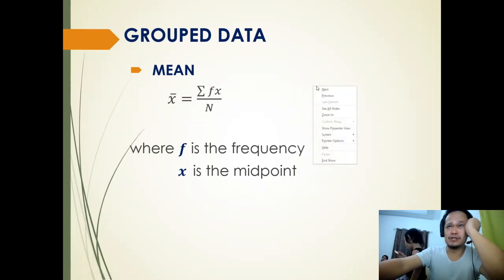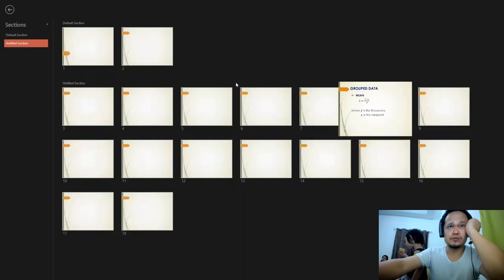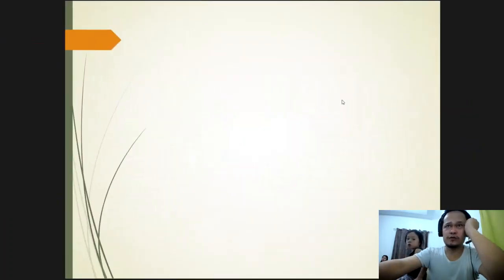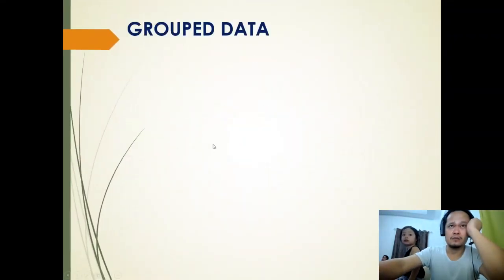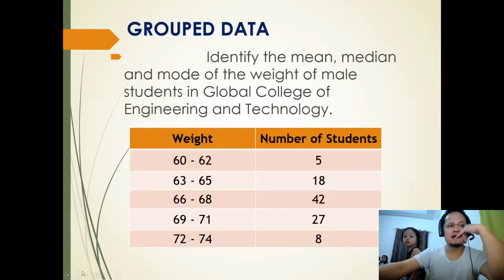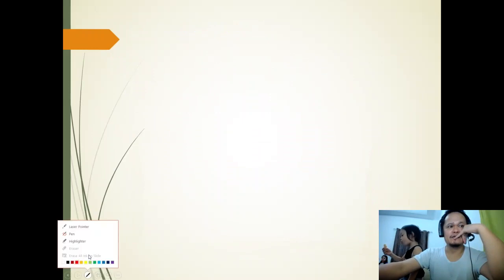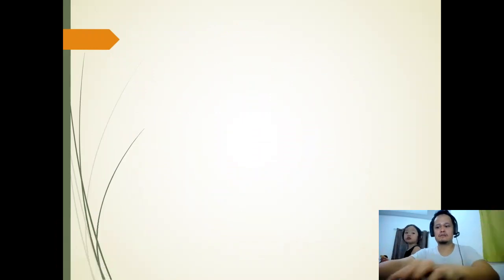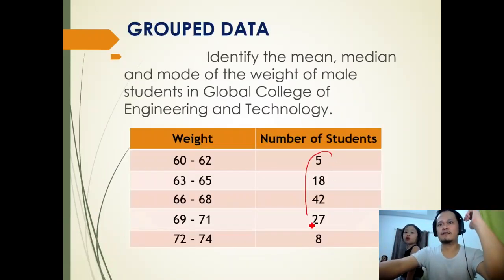So if you go back to the previous slide, from here, you'll see that these are your frequencies, 5, 18, 42, 27, and 8.